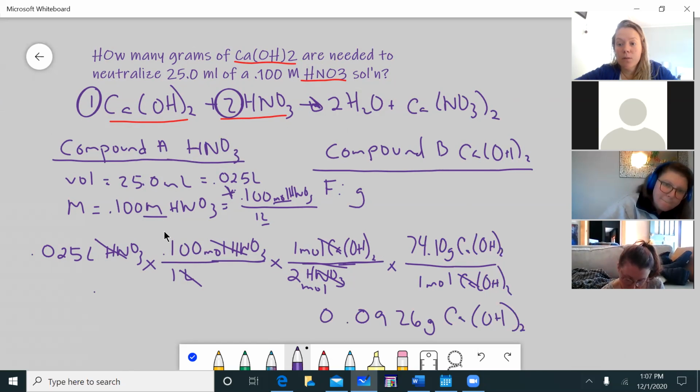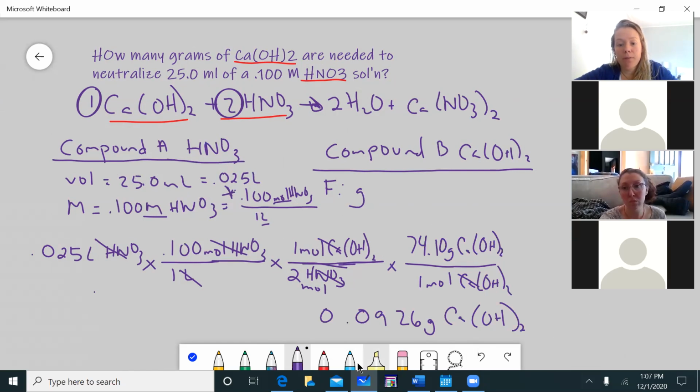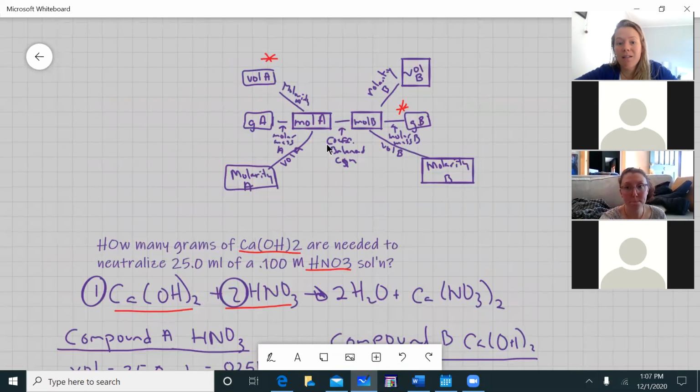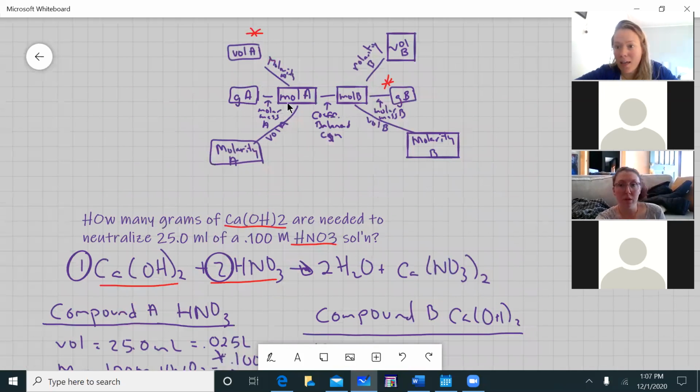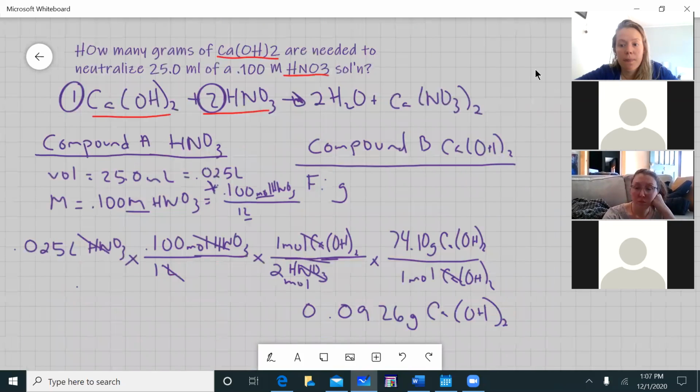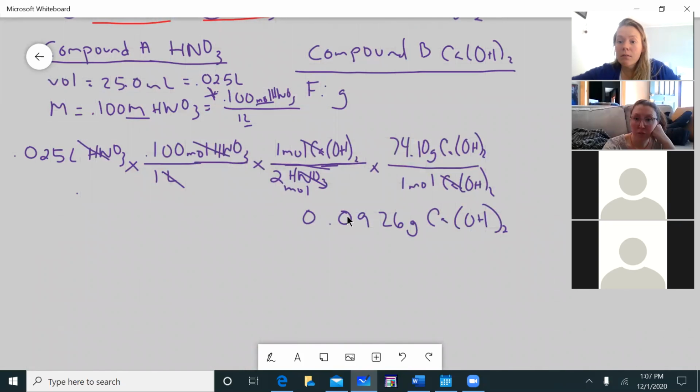I mean, we need to do some more practice, but working through this, I think the hardest thing is not even this here, it's this here. It's figuring out what's compound A, what's compound B, what are my givens, what am I trying to get to, and then figuring out the path from there. But if you have access to this flow chart here, it's really all sort of built in for you. You just have to figure out where A is and B is, where your start and your end is.